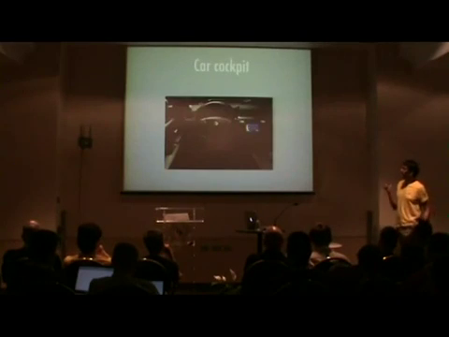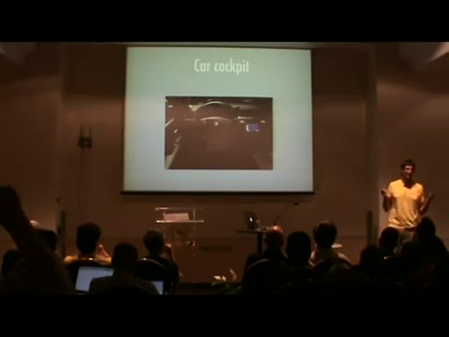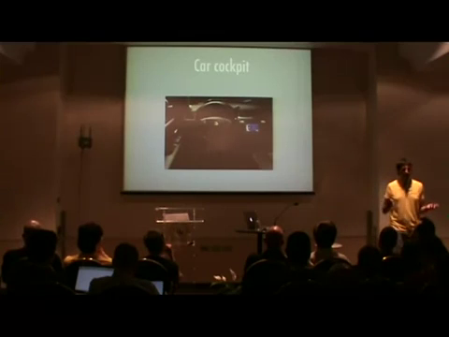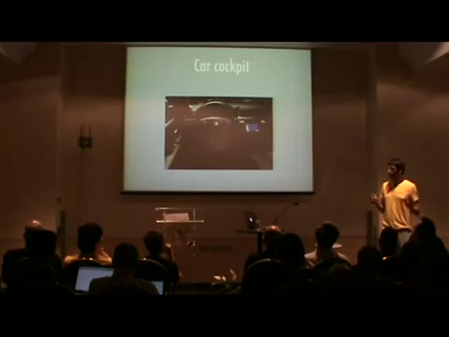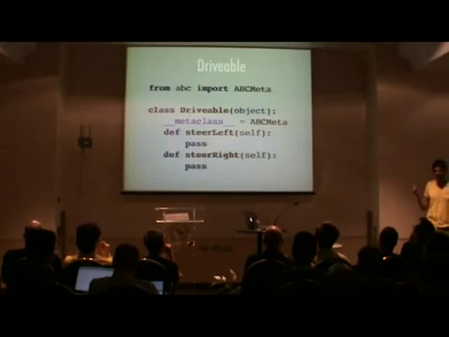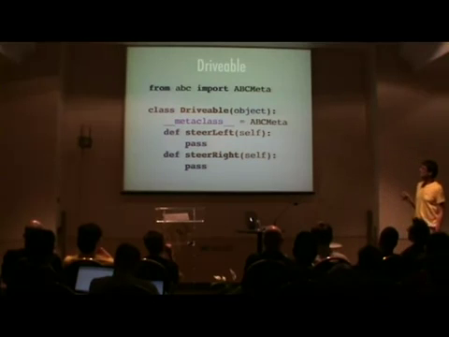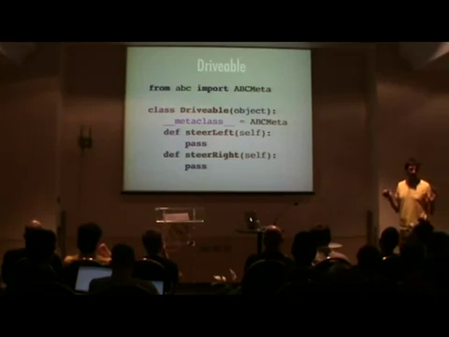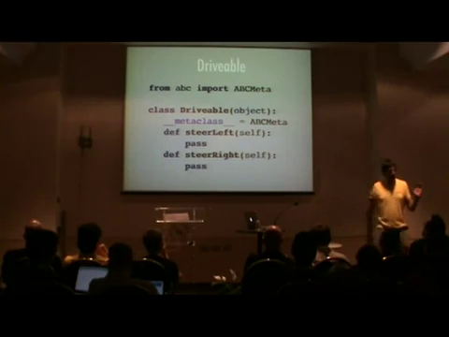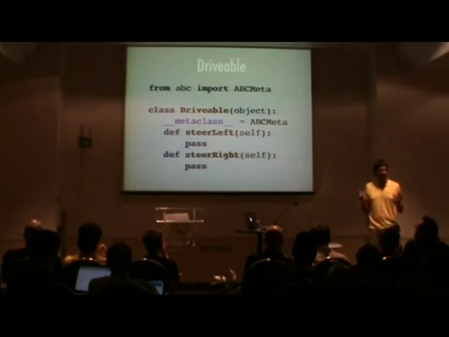Consider this basic example. This is a car cockpit. You can drive almost any car if you've got a driving license. You don't need to know the specific make or model of such car. So we could imagine an interface like drivable, something like that. You don't have to use ABC. You don't have to use anything. When you do duck typing, what's important is to think about your interface and just use methods from your interface.